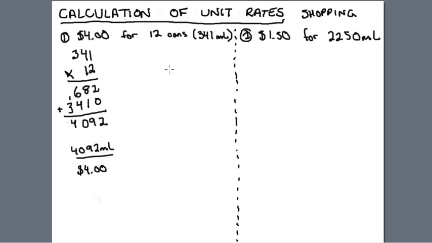In order to figure out what this is per dollar, all we need to do is take our 4,092 mils and divide it by the $4. 4 goes into 4 once. 4 goes into 0 0 times. 4 goes into 9 twice.